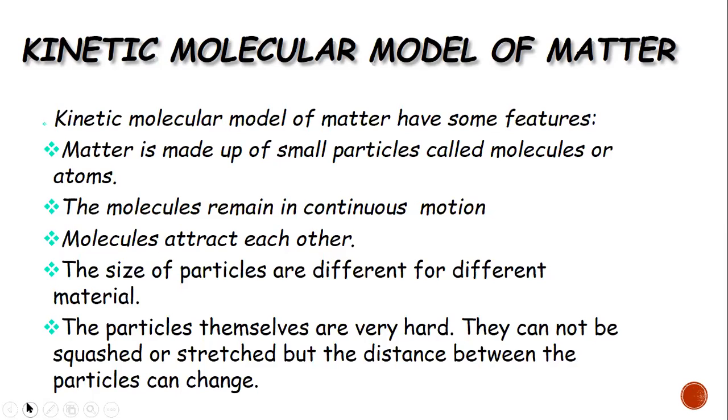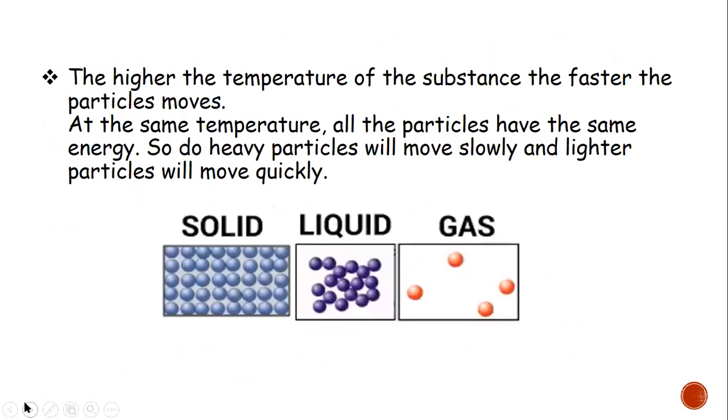It elongates because the distance between the atoms increases or decreases, but the particles themselves are very hard, their size cannot be changed, and they cannot be squashed or stretched.